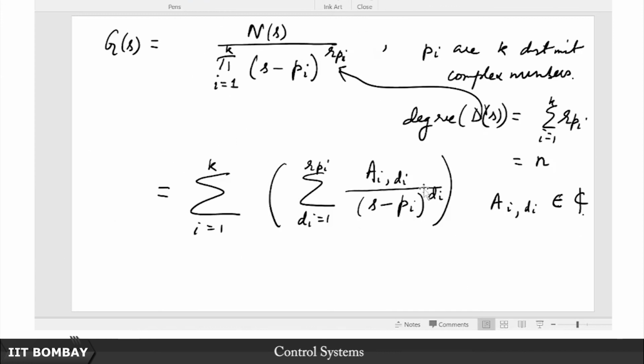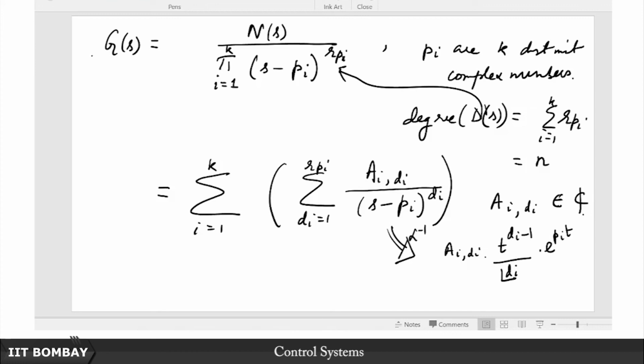So combining these two, it is then quite apparent that each of these terms, when you pass them through the Laplace inverse, will take the following form: A_{i d_i} times t to the d_i minus 1 over factorial of (d_i minus 1), times e to the p_i t.